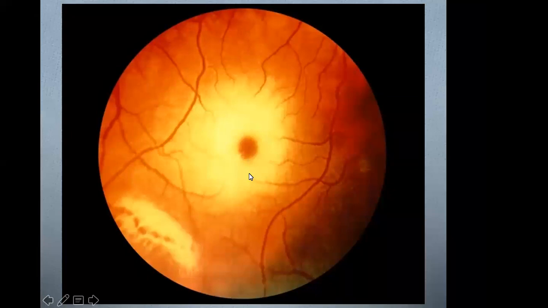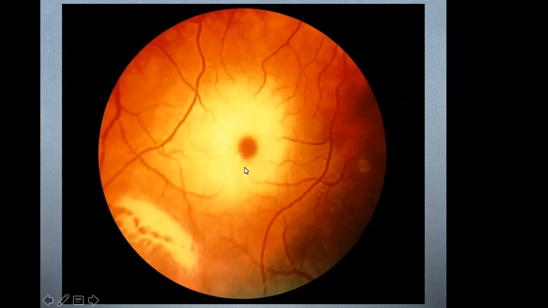So another MCQ which can come: a baby comes with blindness, mental retardation, and failure to thrive. On fundoscopy, there are cherry red spots on his retina. What is the probable disease? The answer will be Tay-Sachs disease.